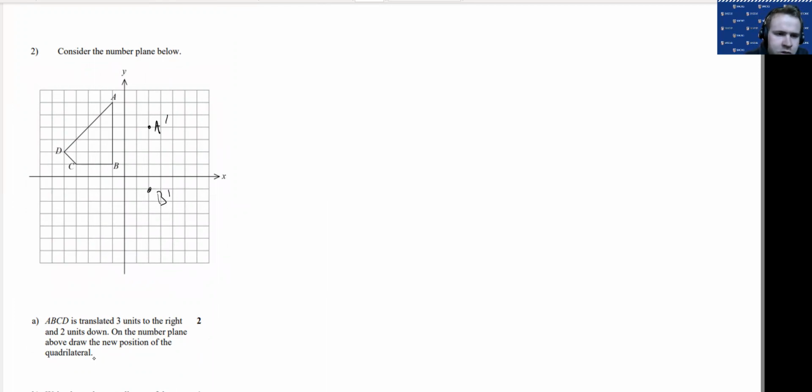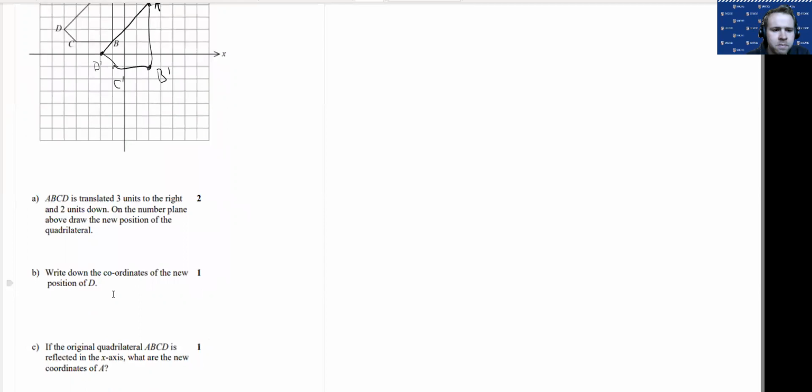Move C, 1, 2, 3, 1, 2, C dash is here, and then 1, 2, 3, 1, 2, D dash is here. Once you've done all the corners, you can just relink them up to get the shape. So just think about the points, don't think about the shape. Move each point correctly and you'll get to the right spot in the end.